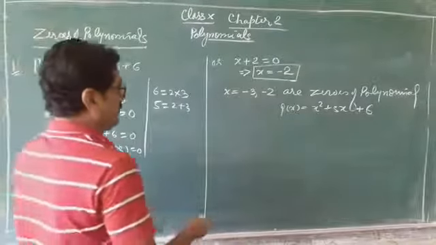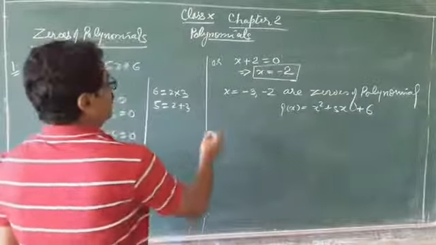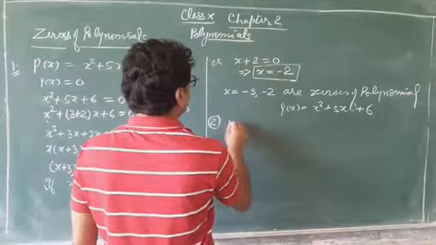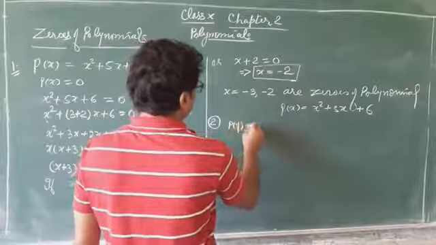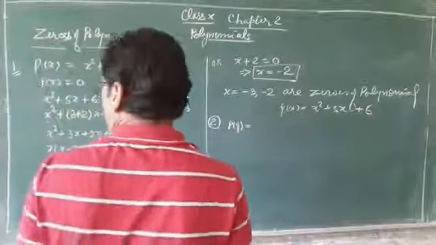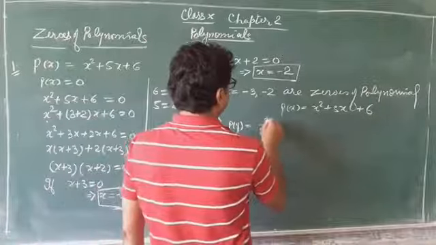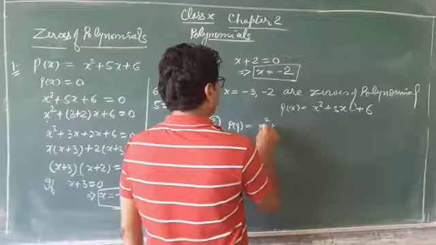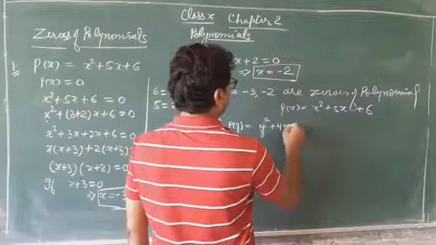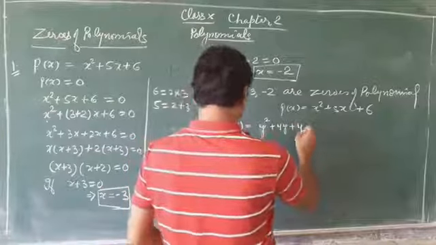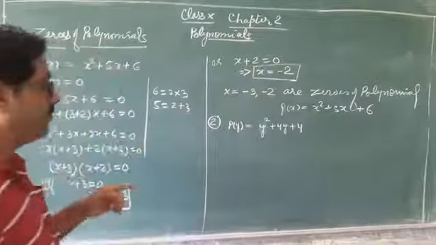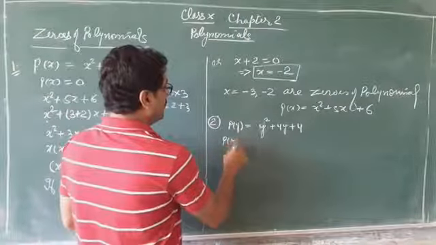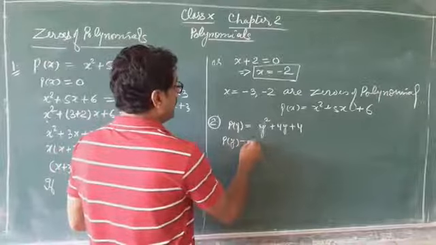Let us see another example. Suppose that p of y is equal to y square plus 4y plus 4. Now we have to find the zeros. So for zeros we will put p of y is equal to 0.